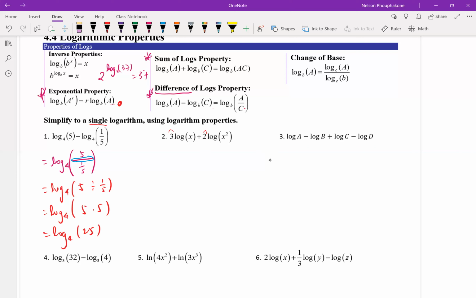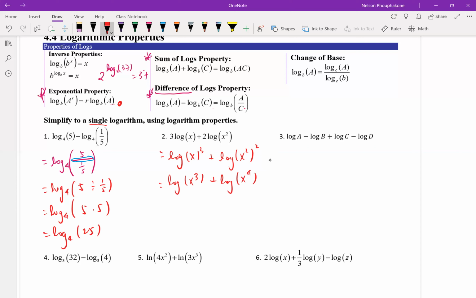So in this case, I will have log of x to the power 3 plus log of x squared to the square. Then I will have log of x to the power 3 plus log x to the power 4.